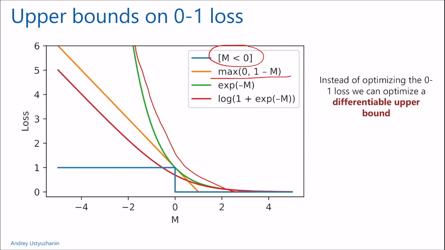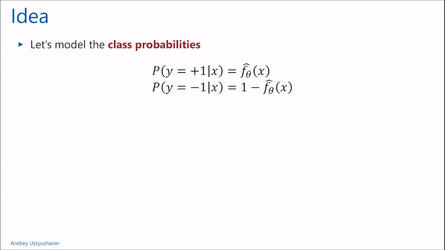And the difference between those upper bounds and the original is that those upper bounds are differentiable. And this brings us to the idea of logistic regression. So in this formalism, we try to model the class probabilities by our function f hat, instead of trying to model the exact answers, exact classes.